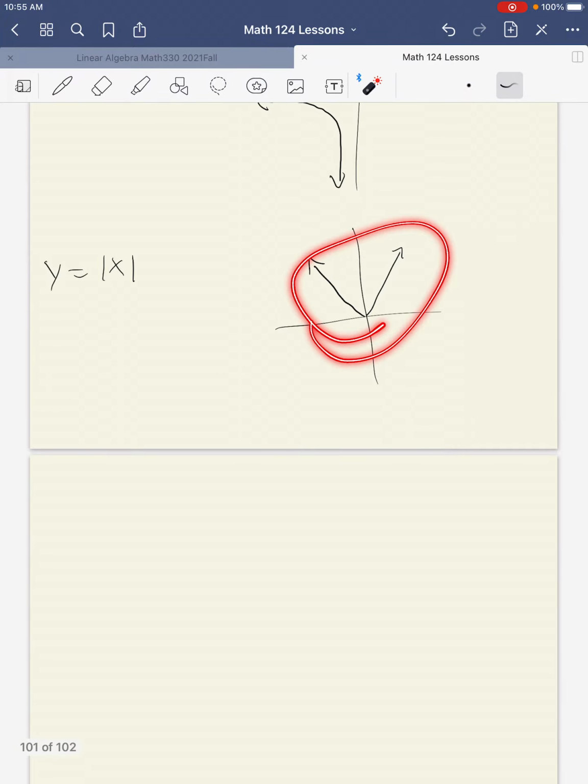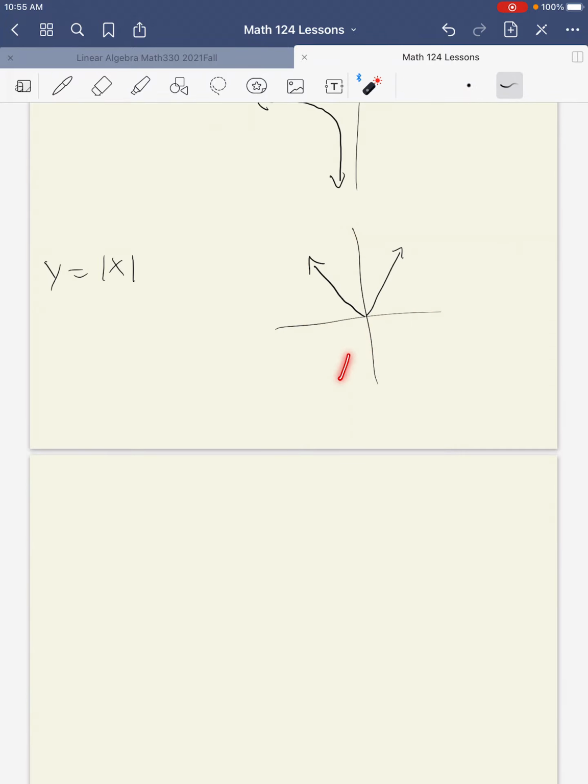Say if we have this graph, one thing we could do is flip it upside down, or we could move it to the left, move it to the right, move it up, move it down, we could stretch it vertically, shrink it vertically.